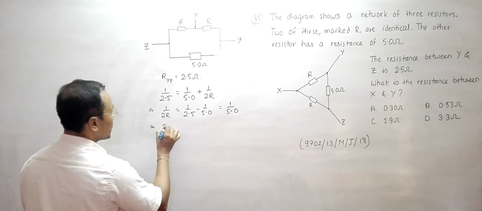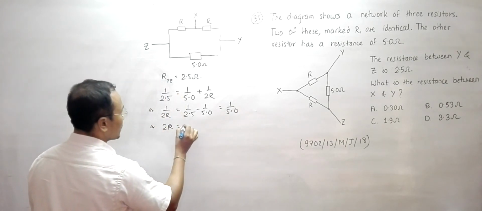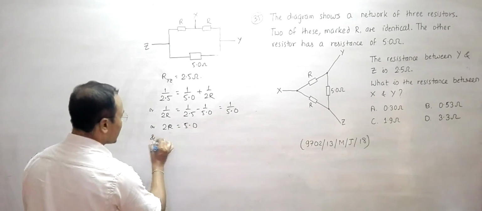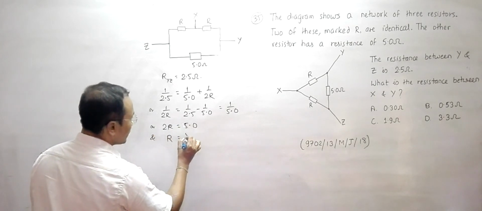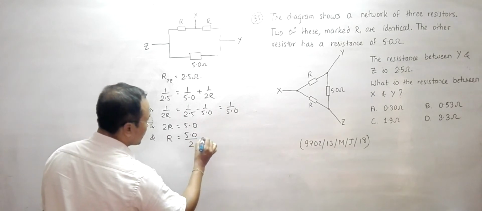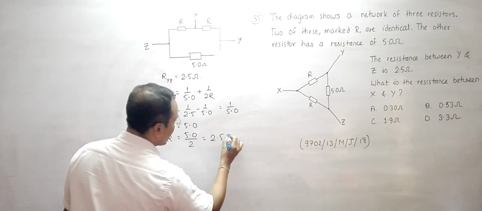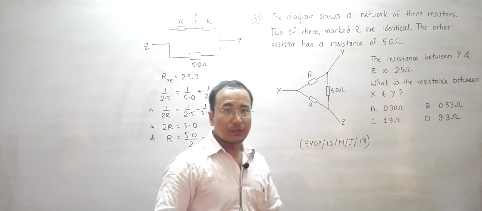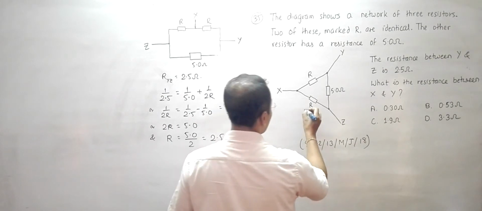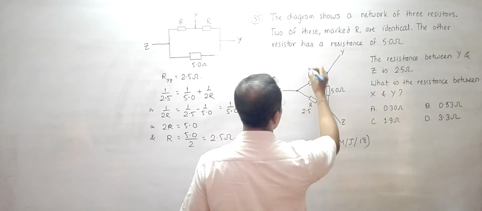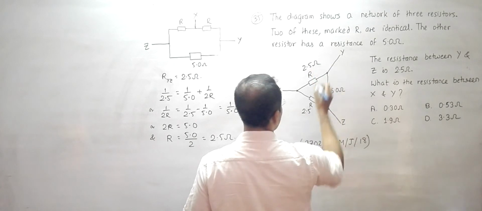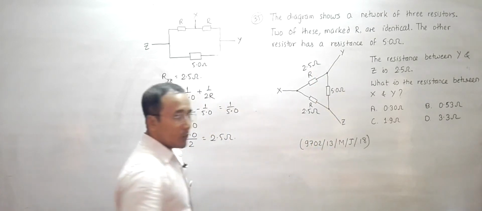That means 2R is equal to 5.0, and R equals 5.0 by 2, equal to 2.5 ohm. So each of these R's will be 2.5 ohm.